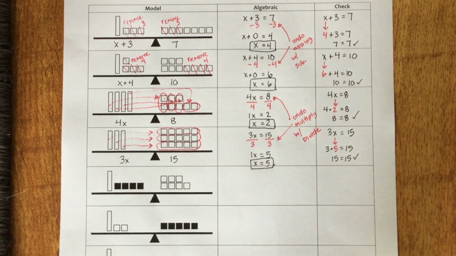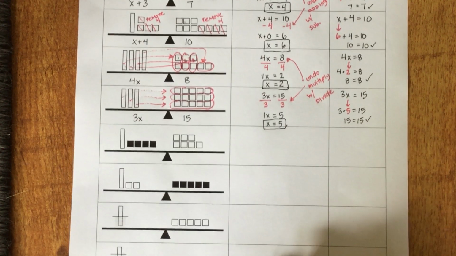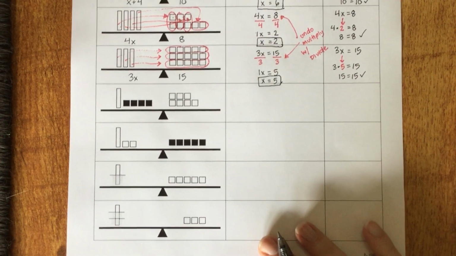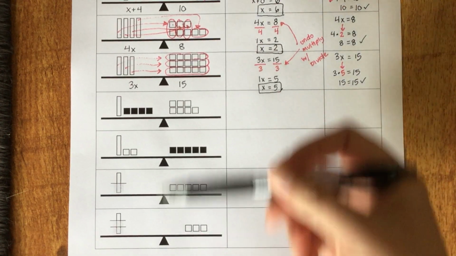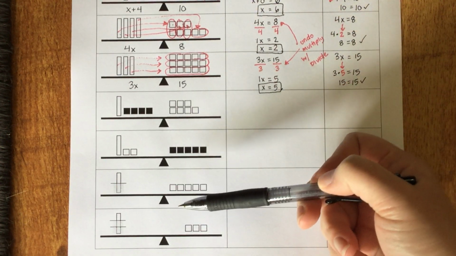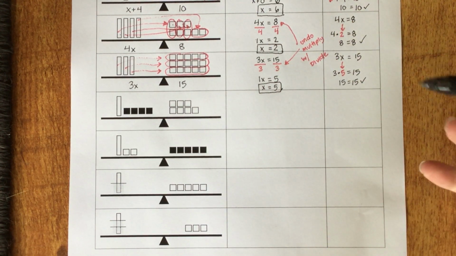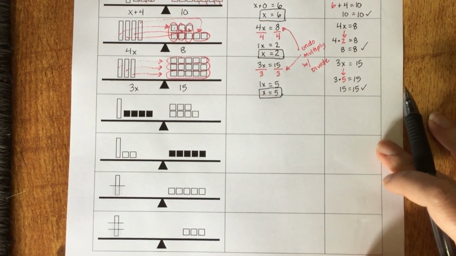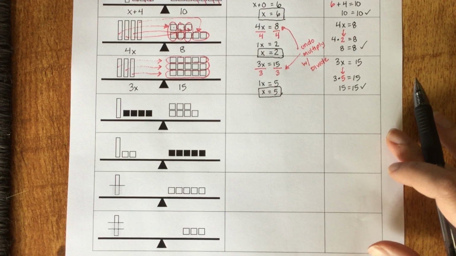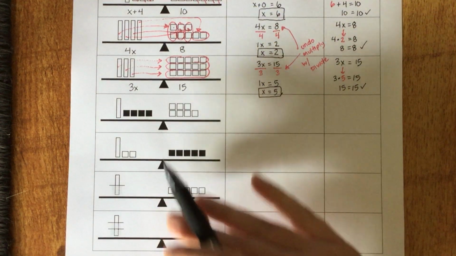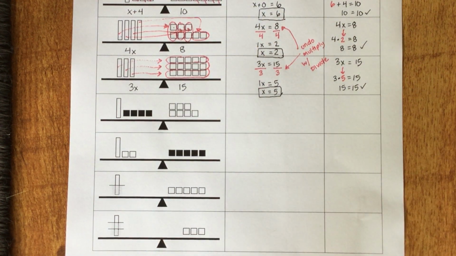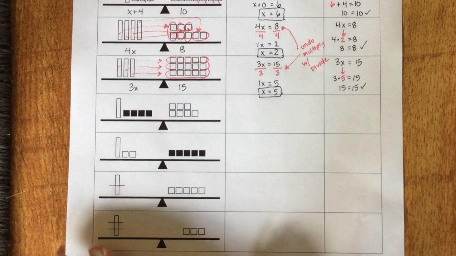So in the other examples, we're going to try to do them algebraically first and only use the picture models as another way of checking so that we can try to move ourselves forward. You can't use pictures when you're in pre-calculus, unfortunately, to solve some of those equations. They're much too high level. But the visual is nice when you're just starting out to kind of see what is going on.